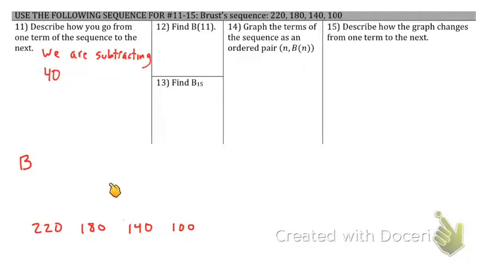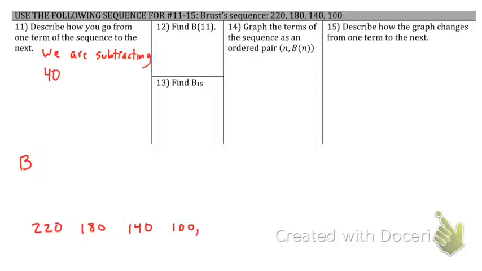And so we want the 11th guy, so the 11th number or the 11th term, in my function B. Okay, so we're just going to continue to subtract 40 until I get to the 11th term.